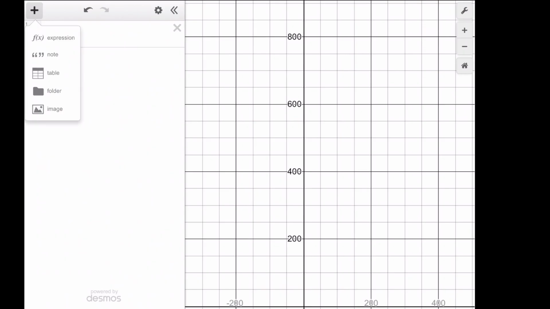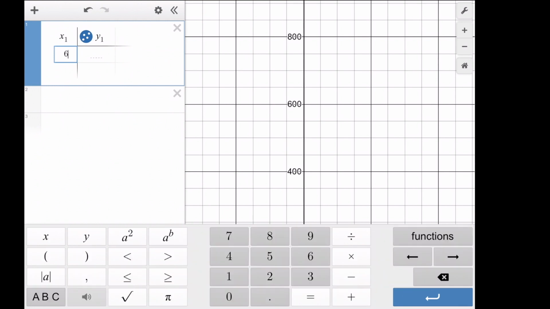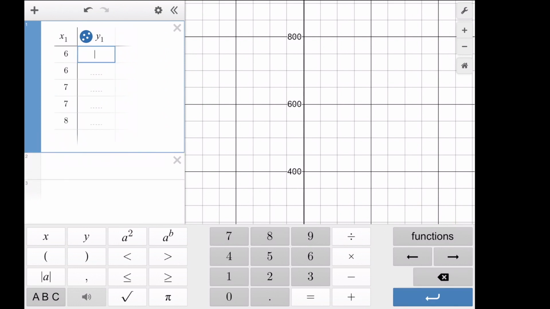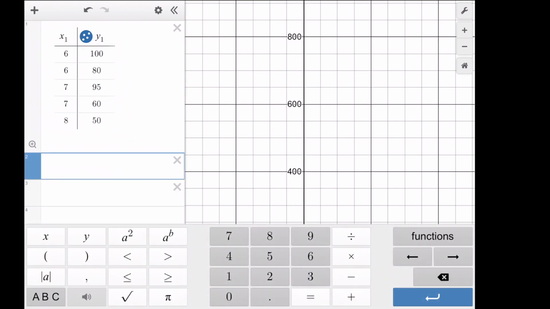So hit the plus sign again, table, and then my X values are going to be 6, then another 6, 7, then another 7, then we have an 8. Our Y values are 100, 80, 95, 60, and 50.